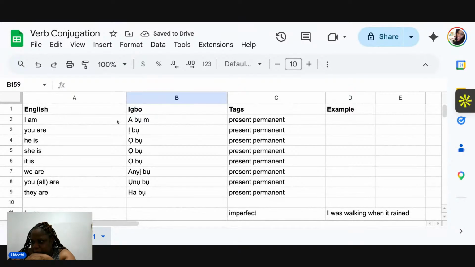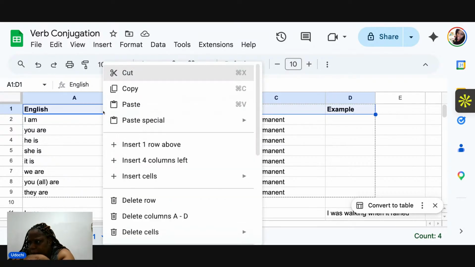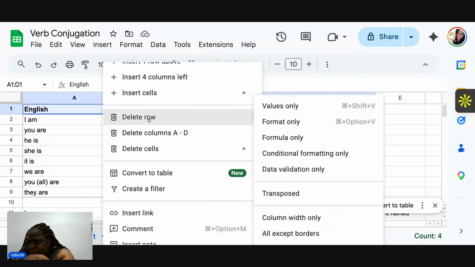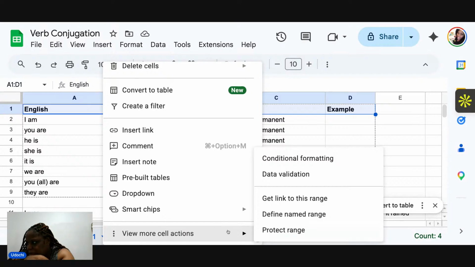So I want to make this line here static, or pinned, or I don't know what they call it in this one. More cell actions. It's not letting me. Pre-built tables, drop down, smart chips, insert note.